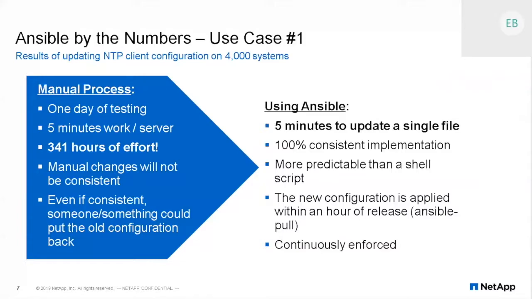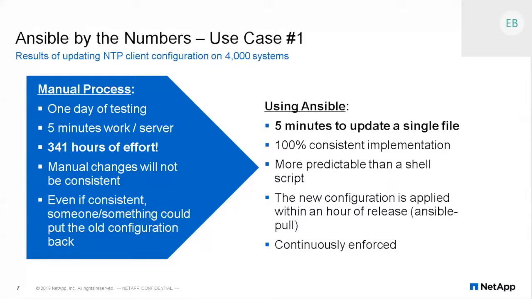And once that's done, one, you're going to find it's not consistent. People are going to mess things up. If I were doing it, I would certainly mess things up. It's just a lot to do. That's inevitable. And then at the end of the day, once you've completed all that, there's no guarantee that it stays correct. Somebody can go change something inadvertently, or maybe there's an automated process that does it.